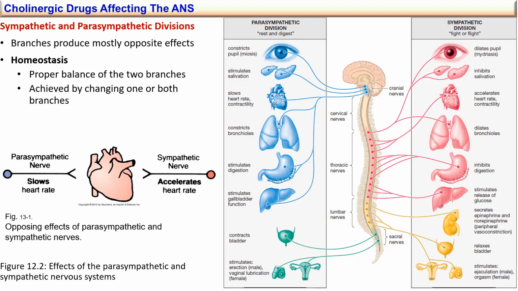So mydriasis is pupil dilatation due to sympathetic activation, and miosis is pupil constriction due to parasympathetic nerve activation. So if you master one side, like the parasympathetic, you can easily predict the sympathetic activation, because that's exactly the opposite.